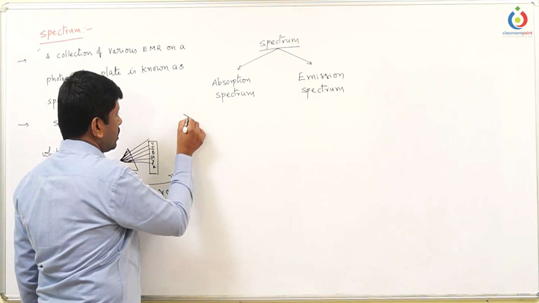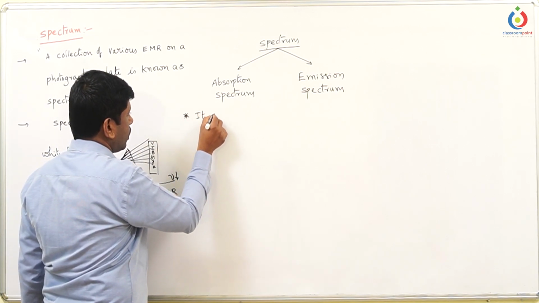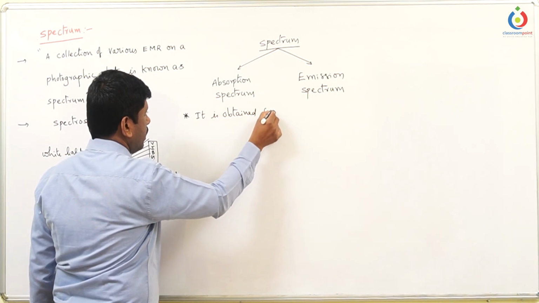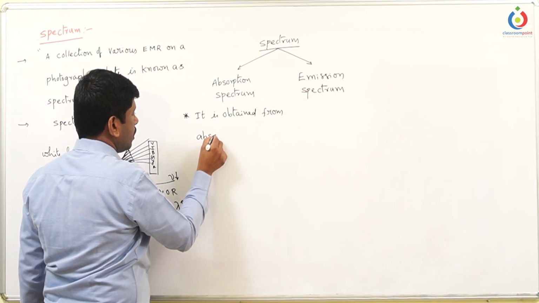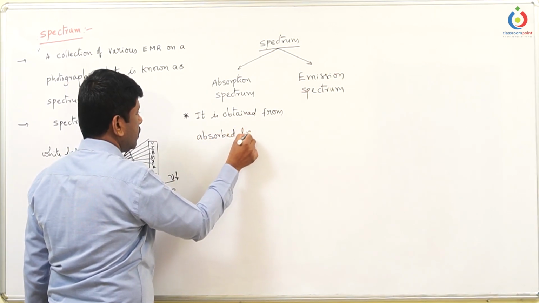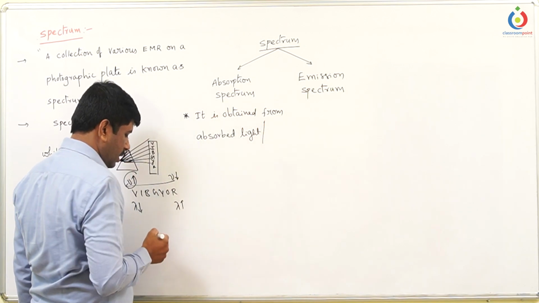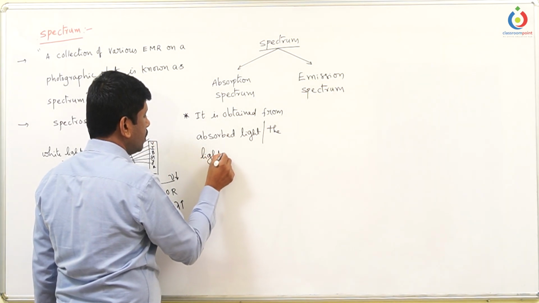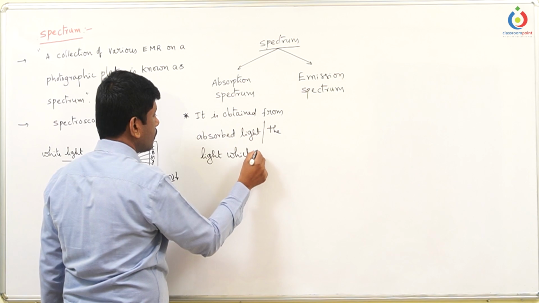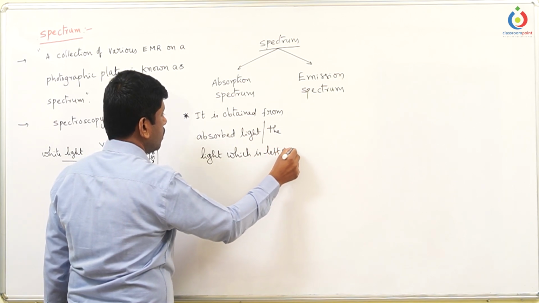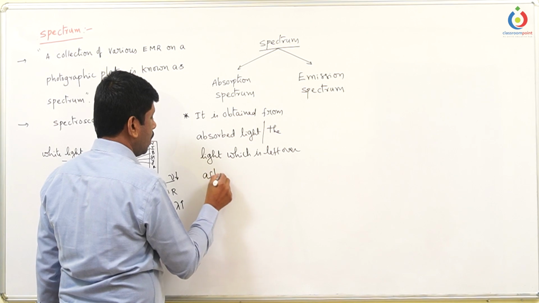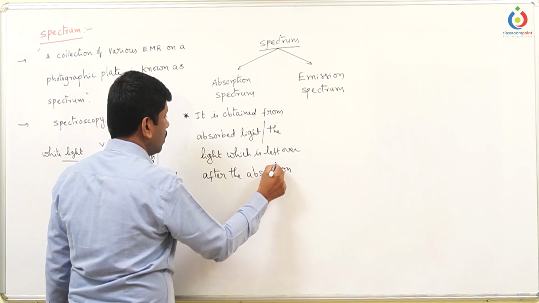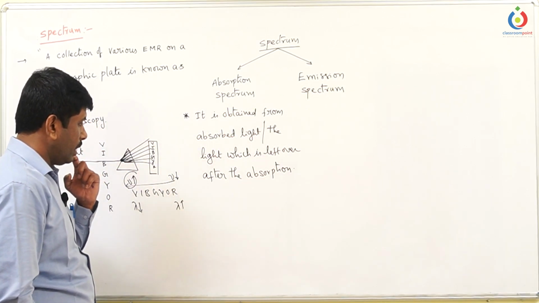Let us see the definition and the examples of both the absorption spectrum as well as the emission spectrum. The absorption spectrum is obtained from the absorbed light, or else we can say it is the light which is left over after the absorption of certain wavelengths of the radiations.